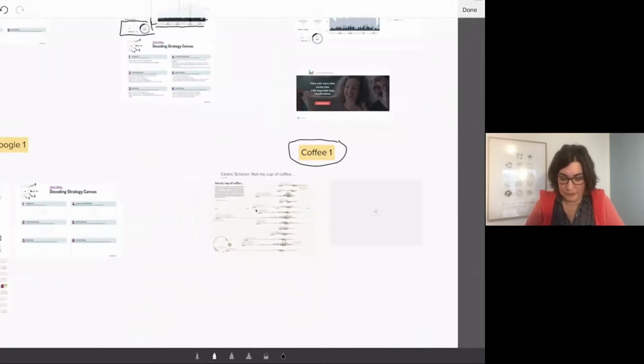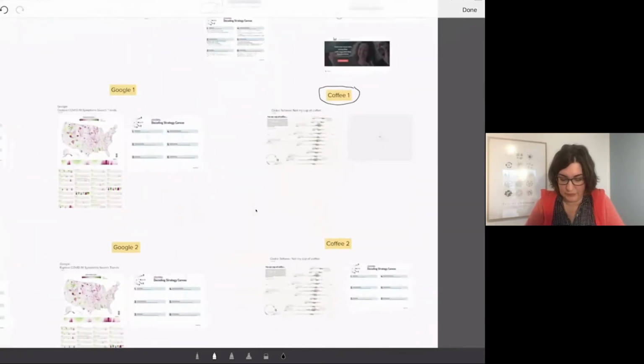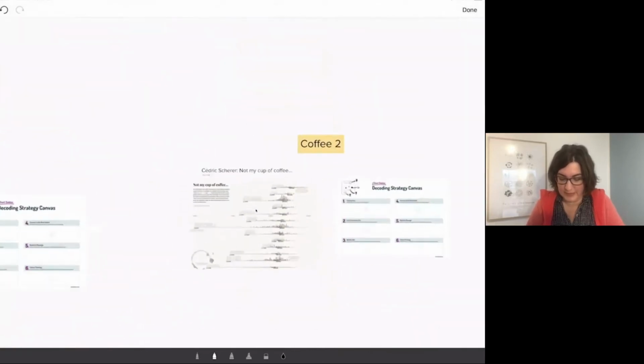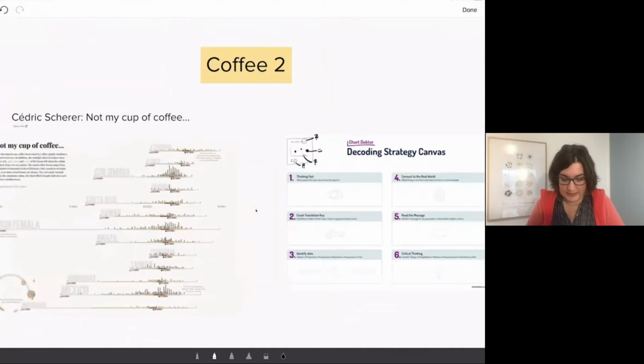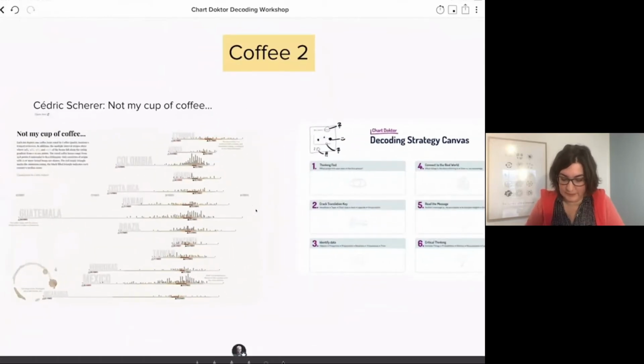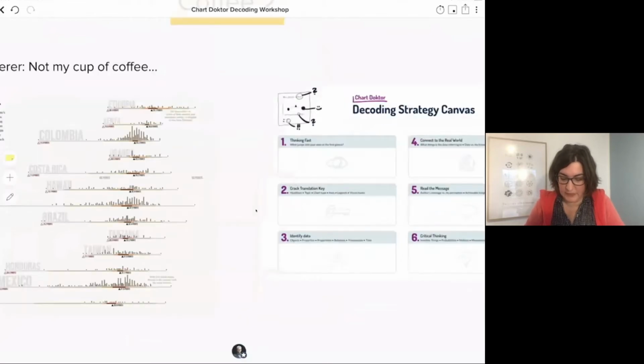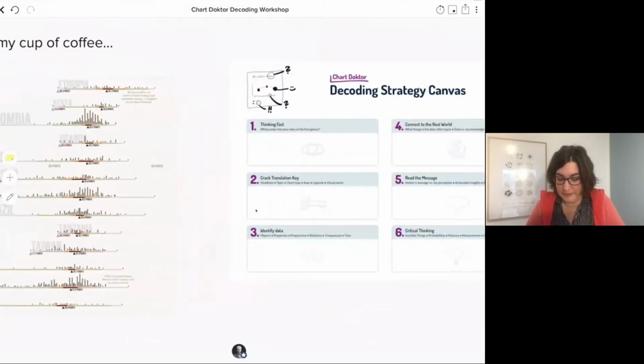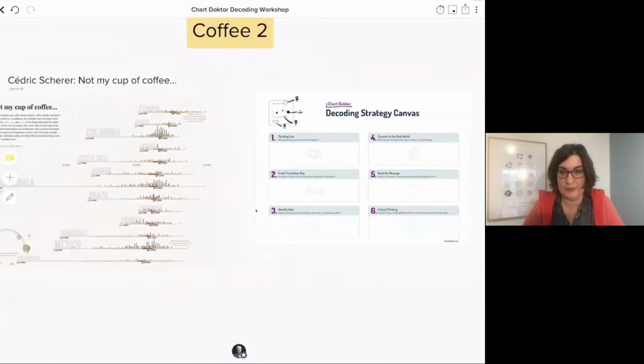Then just move to the right space for your group here, and then you can start drawing. You can start writing on the decoding strategy canvas if you want, but you can also just discuss it verbally as you like.